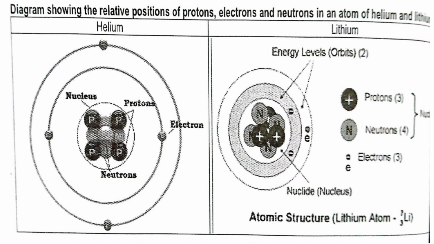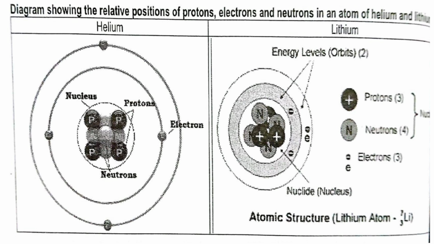The diagram below shows the relative positions of protons, electrons, and neutrons in an atom of helium and lithium. So you can see in the atom of helium, the nucleus consists of the protons and the neutrons, while outside the nucleus, along a shell or an energy level, we have electrons.